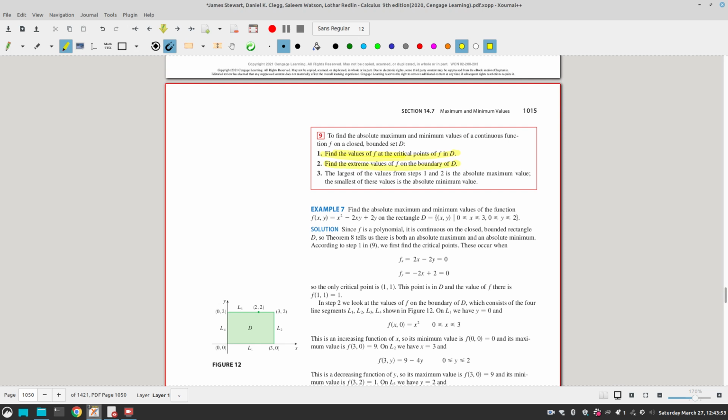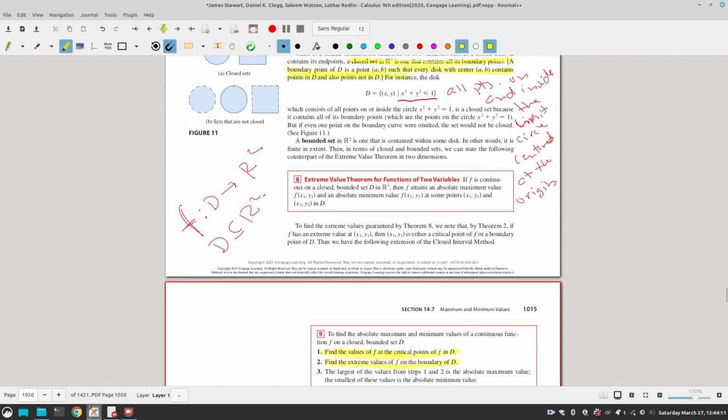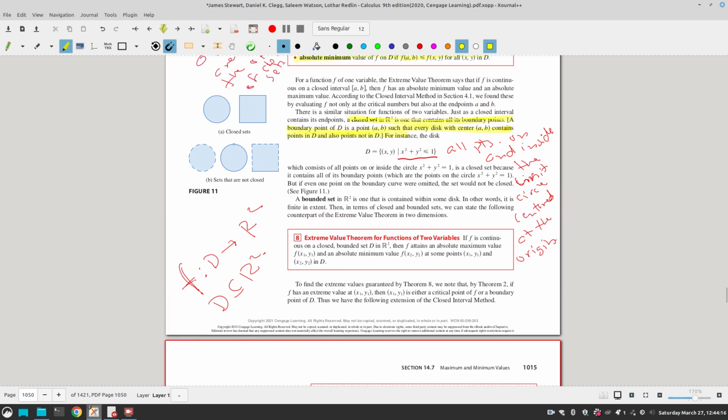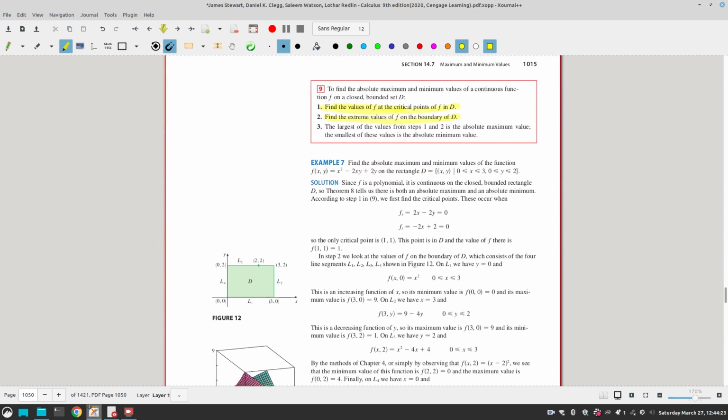And then you need to compare the critical points and the boundary, and whichever is the highest or the lowest is the absolute maximum or the absolute minimum. So you said closed bounded set, right? So a bounded set is of course one which is contained within some disk. So for example, this rectangle can be contained within a disk.